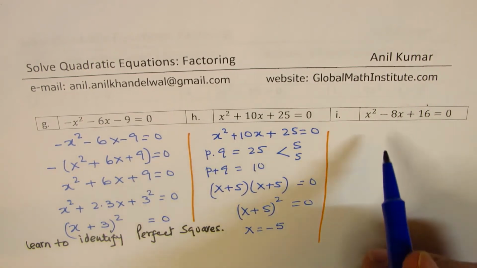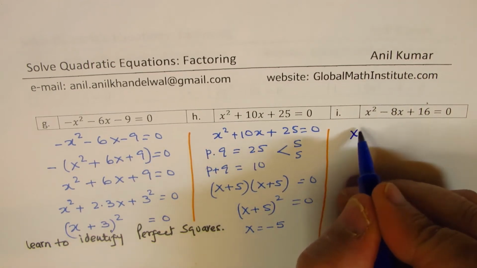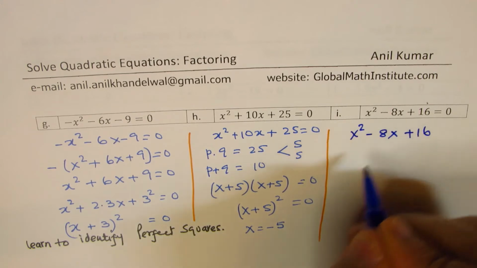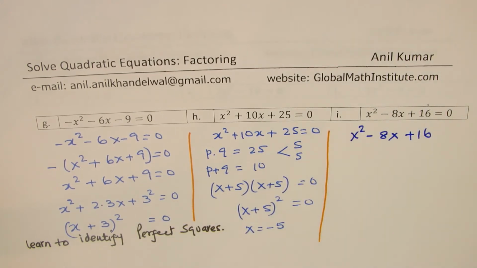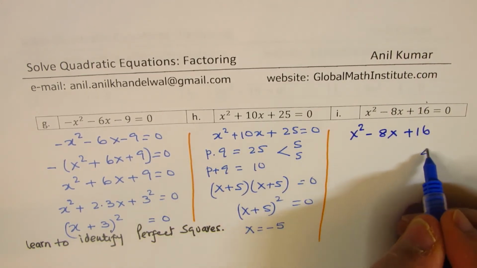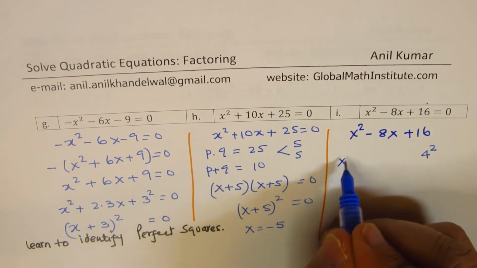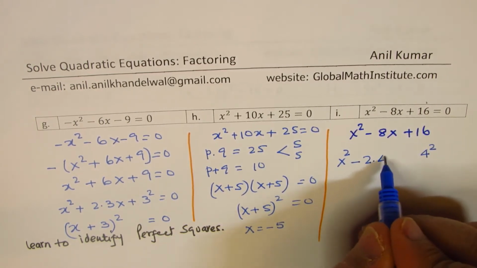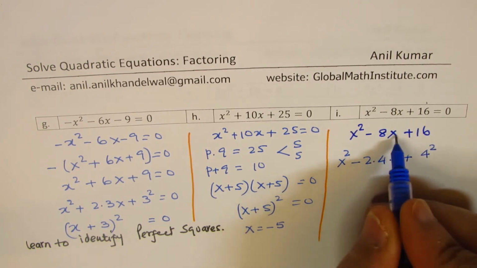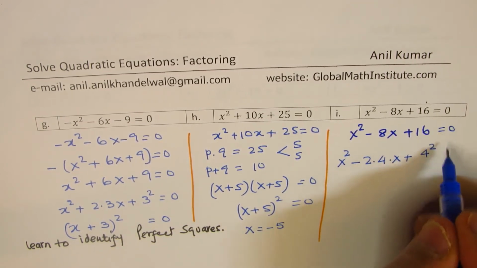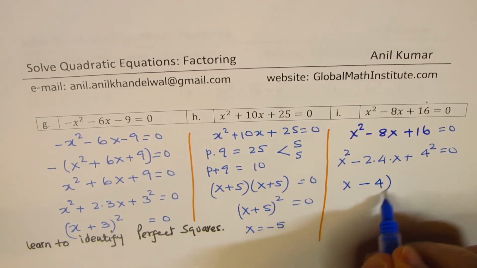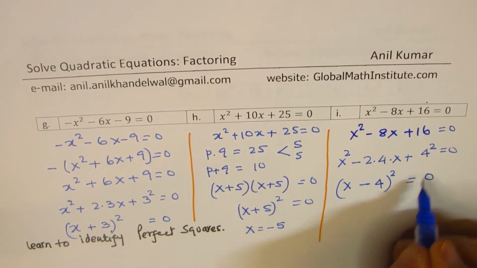Correct? Just as in this particular case, we have x squared minus 8x plus 16. You can see that we can write 16 as 4 square, right? Here we already have x squared. The center term is 2 times 4 times x. That is how you get 8, right? Equals to 0. So we could write this as x minus 4 whole square equals to 0.